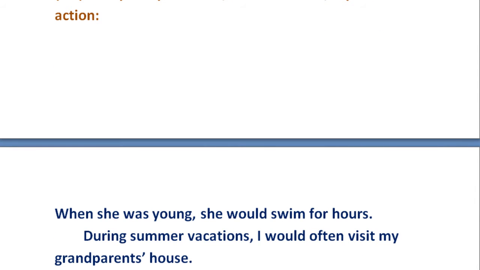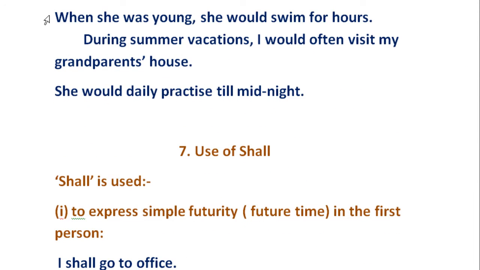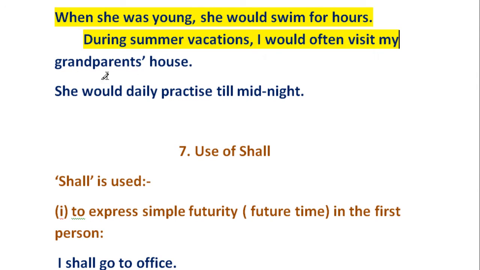Next use of would is to express past habit, determination, and repeated action. Please note down here that would is used to express past habit, determination, and repeated action. Example: when she was young, she would swim for hours. This is a past habit. During summer vacations, I would often visit my grandparents' house.